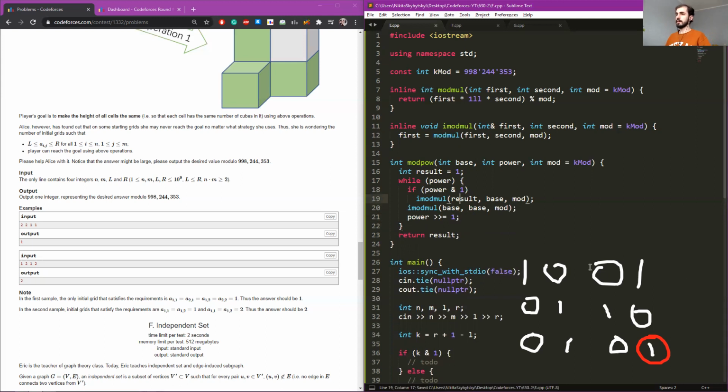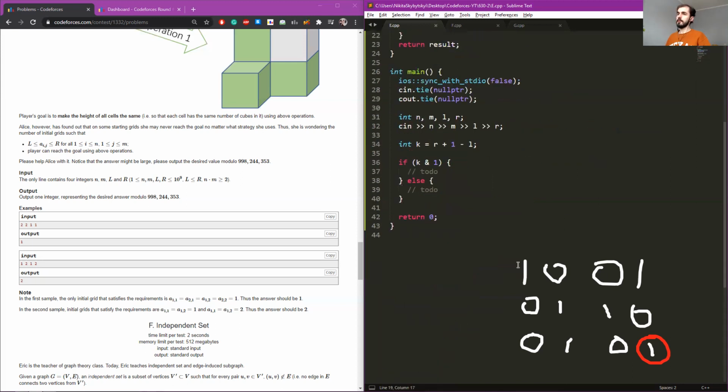Actually, I was thinking the first thing that you can notice is that you can make everything 0 and 1, and the sum of all numbers has to be of the same parity as n times m, because you always add 2, which is interesting.